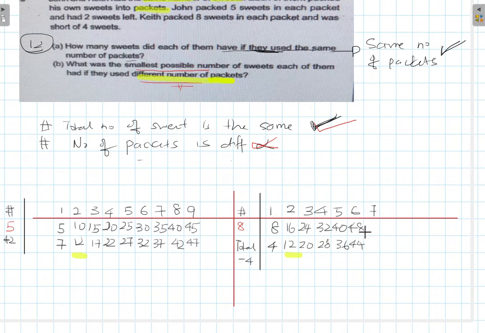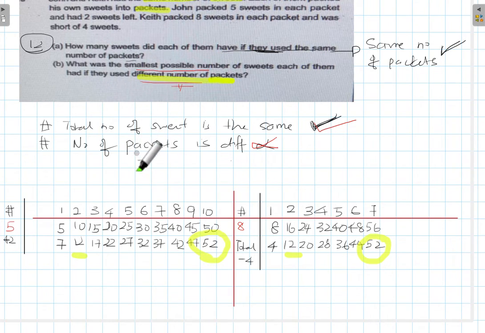My number 7 here becomes 56. Minus 4 will become 52. Okay, let's come back here and see. My 10 packets, this is 50. 50 add 2 will be 52. Oh, total is the same. You see? It's the same.